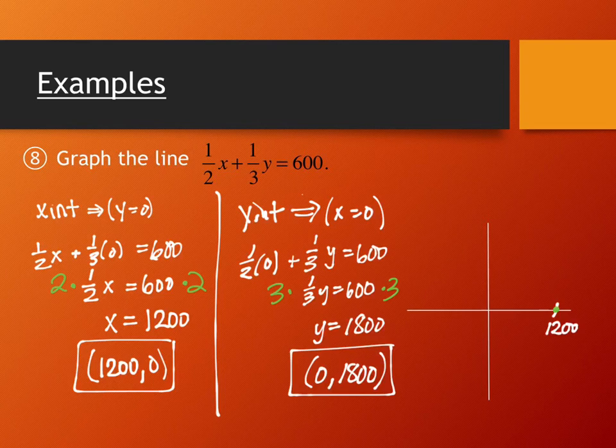And I'm going to do the same thing. And I'm going to mark it. I'm going to say that it's 1800. Okay, you have to write them in when you're not using hash marks. Otherwise, I wouldn't necessarily know that. And then you're going to connect the dots just like before. Okay, hang on. I'm going to fix that. There we go. Arrows on the end. And that would be my graph.